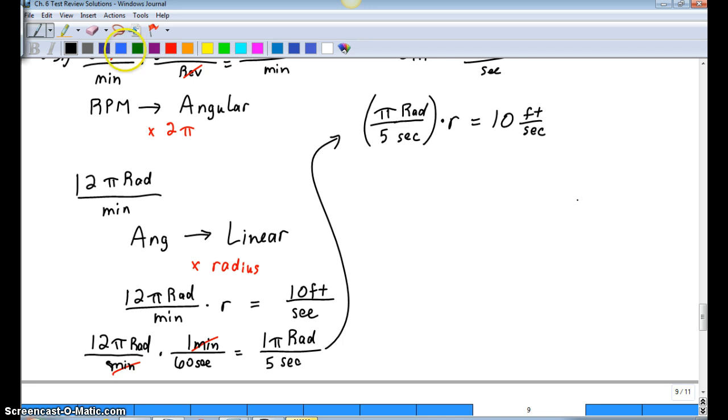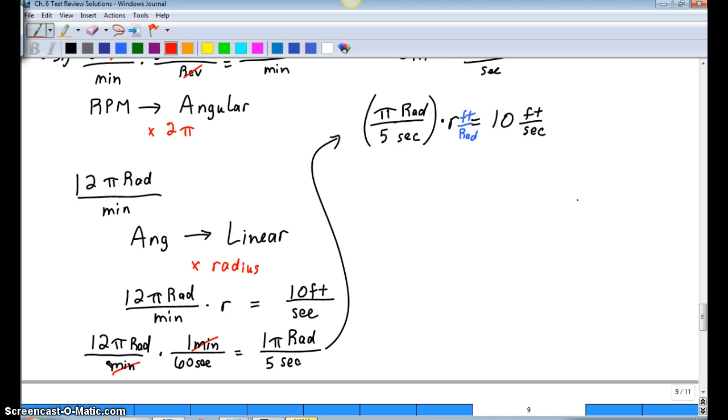Now let's just temporarily forget about units right now, because we know that radius is going to be feet per radian. Let me just in blue put that in. You'll see what will happen. Again, radius is always like a linear distance, feet per radian, because radian really is the distance of one radius. So our radians would cancel and we get our feet per second.